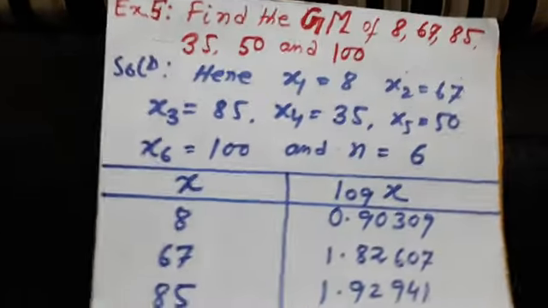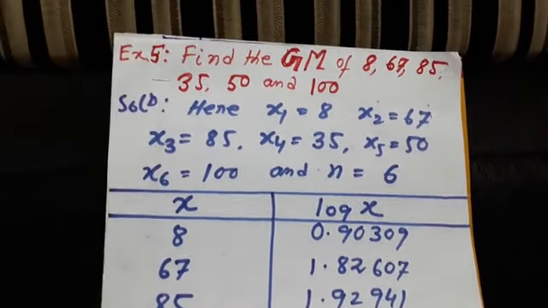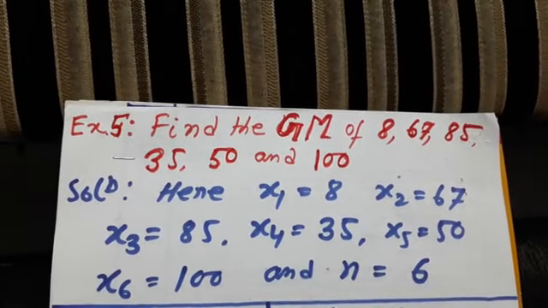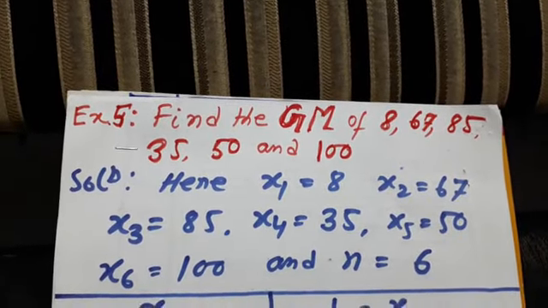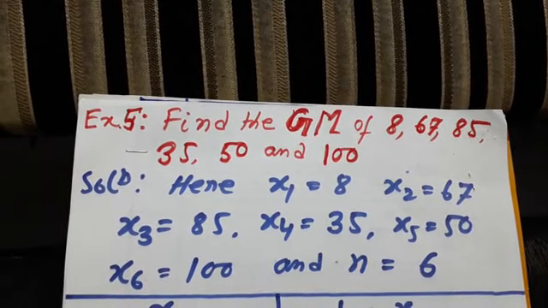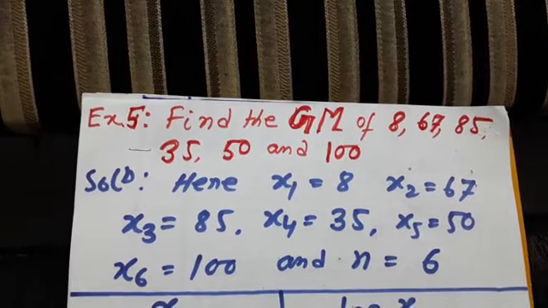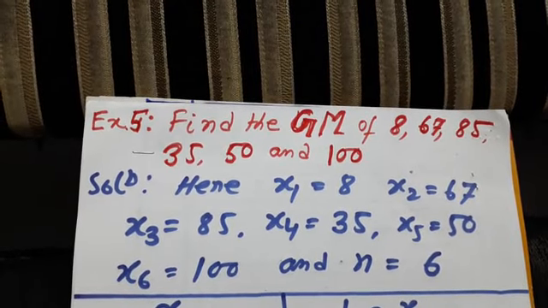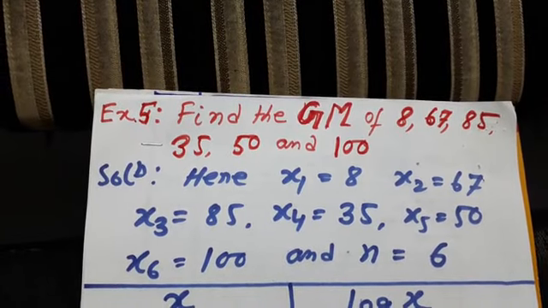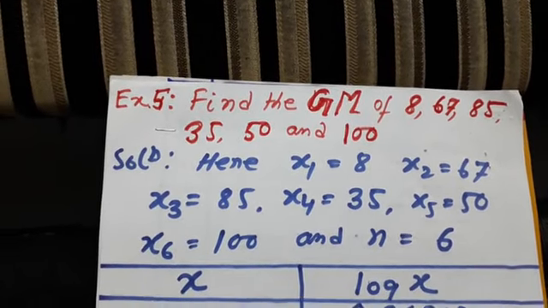So here x1 is 8, x2 is 67, x3 is 85, x4 is 35, x5 is 50, and x6 is 100, and the number of observations n equals 6. So now I will use this logarithm form of the formula.